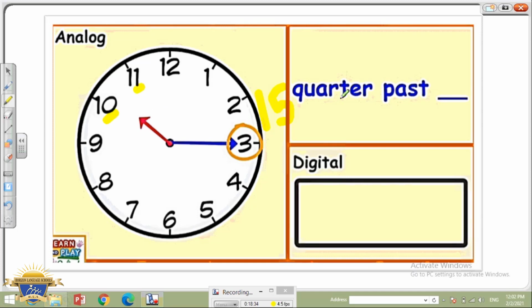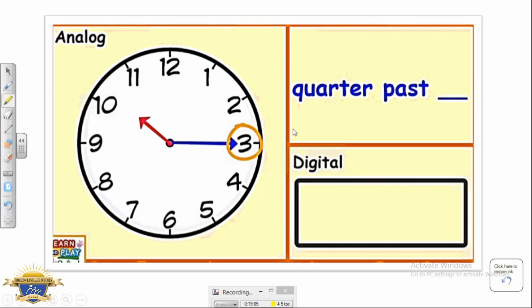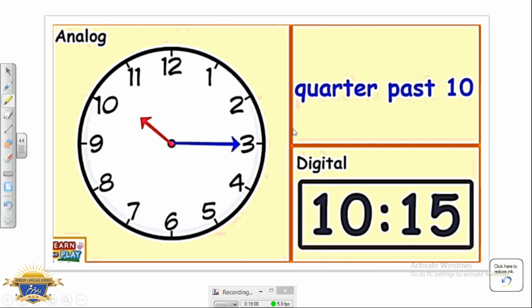So it's quarter past 10. And if I want to write the digital clock, I will make the 2 points. The minutes is 15, I will write it here. And the hour is, yay, excellent, 10. So it's 10:15. So it's quarter past 10 and 10:15.